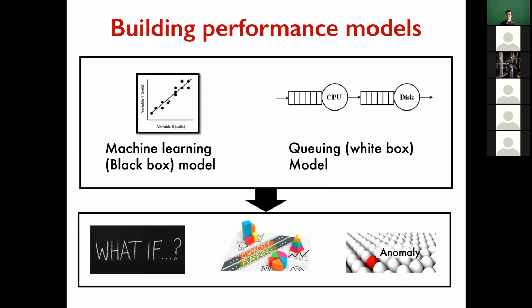Can we predict whether we need more resources? Right? And capacity planning: do I need to increase the capacity? Right? And anomalies: is there any problem in the system related to performance? Right. So these performance models are actually very useful in practice. Okay, we'll talk about performance models next week.